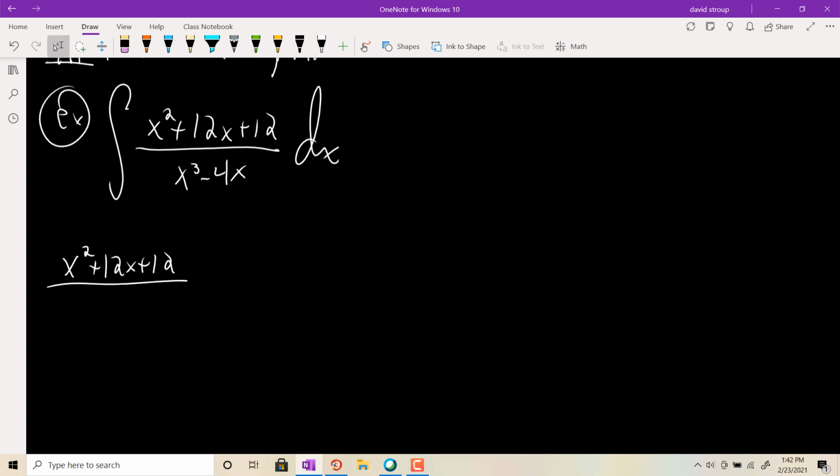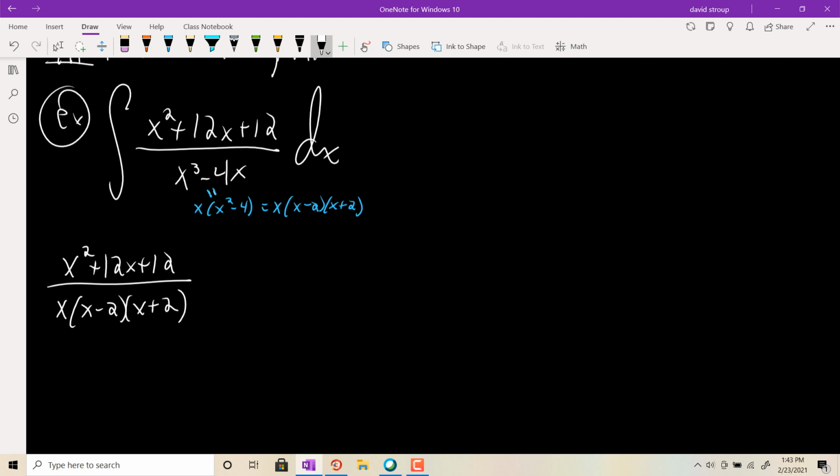I'm going to factor the denominator. I can pull out an x. So this, just so I don't have to rewrite things a million times over, will be x times x squared minus 4. And then x squared minus 4 is the same as x minus 2 times x plus 2. So fully factored, the denominator is x times x minus 2 times x plus 2.